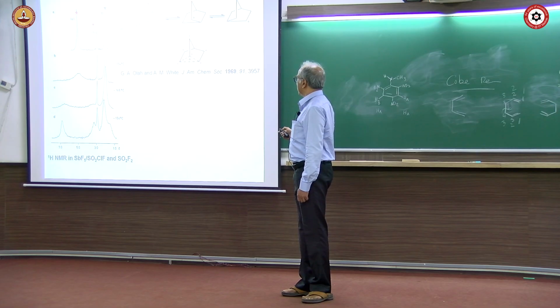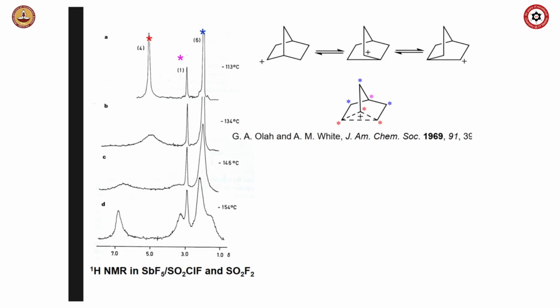So here you should see 6 protons. 2 plus 2 plus 2. 6 hydrogens are there in this peak here. And this one is a magenta, only 1 hydrogen is there. This has 4 hydrogens.